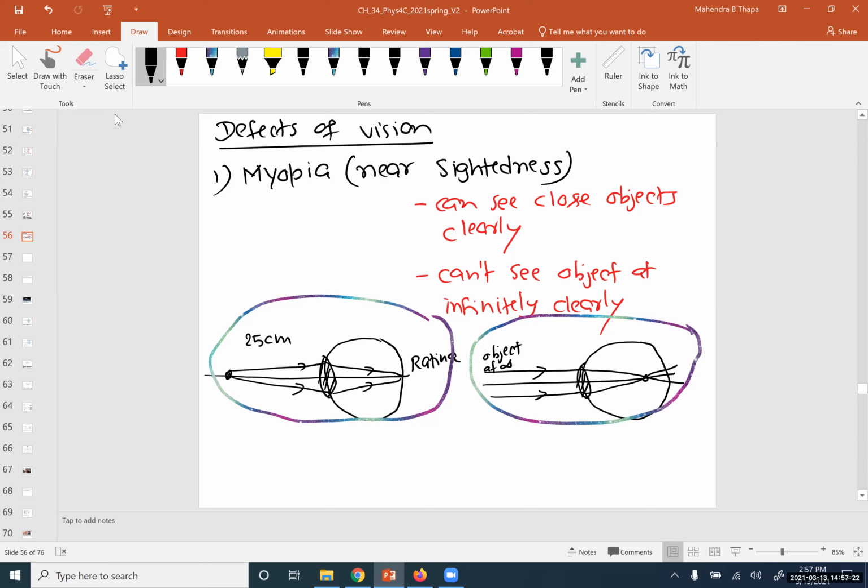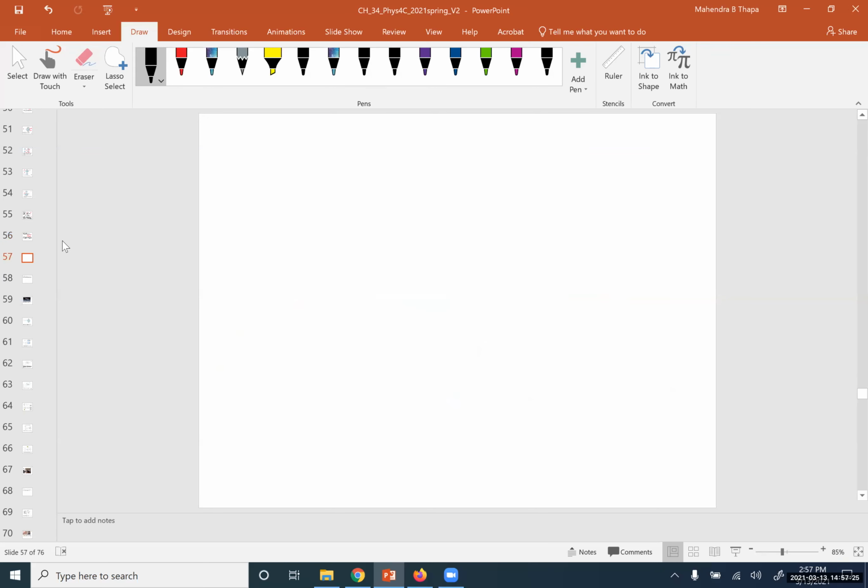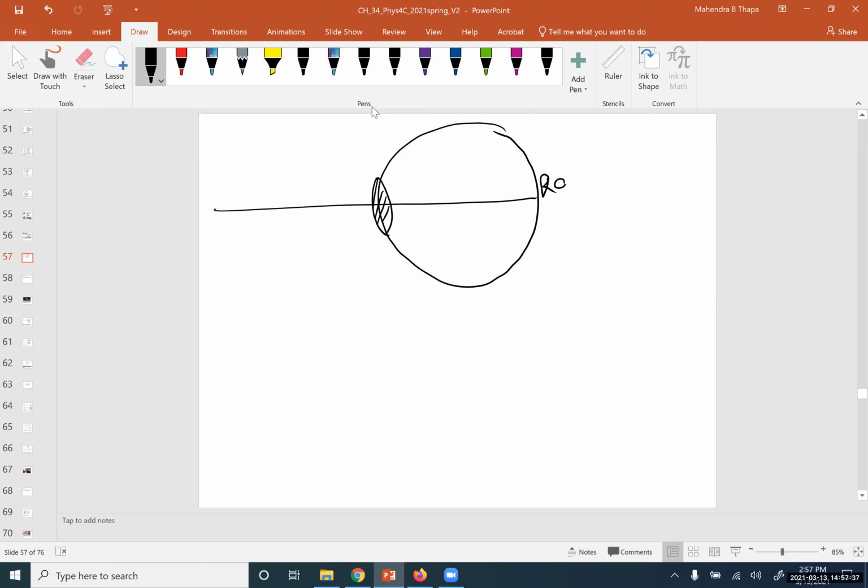Okay, so for the person having this kind of defect, let's draw the picture. Say this is the eye lens. So this is the retina. He cannot see the object at infinity, but he can see the object up to a certain distance far away. Say he can see up to this point.